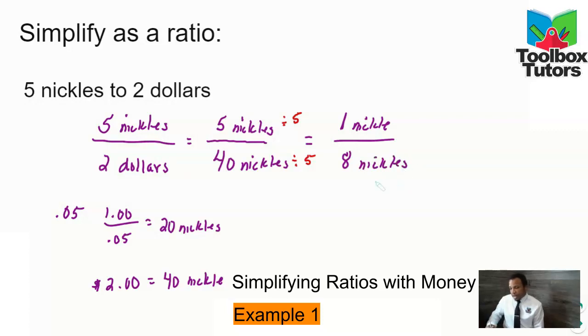So simplifying this as a ratio, 5 nickels to $2 simplifies to 1 to 8. That's one way of writing it using the word to. 1 to 8 using this colon, or 1 to 8 written as a fraction as I have it over here to the side. But your final answer would be 1 to 8.